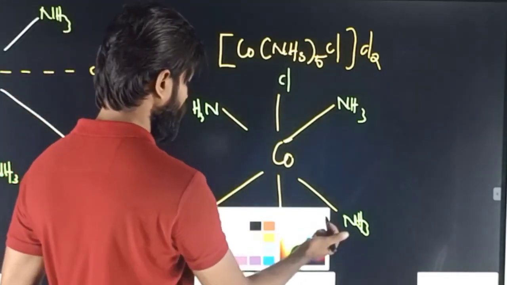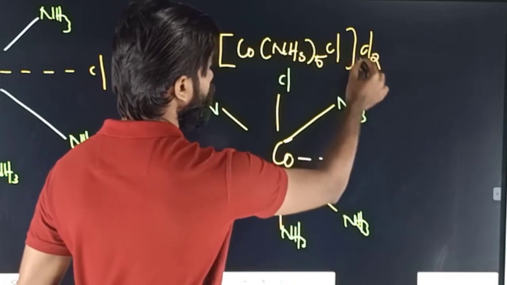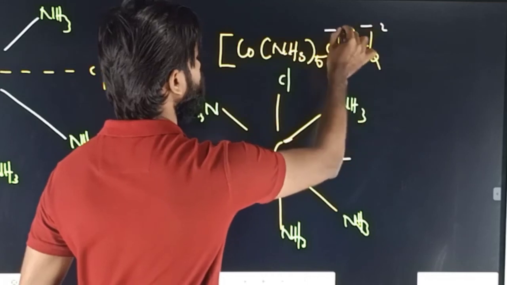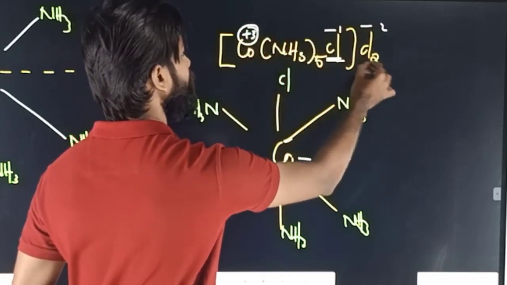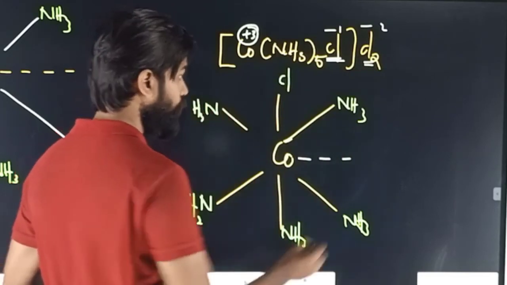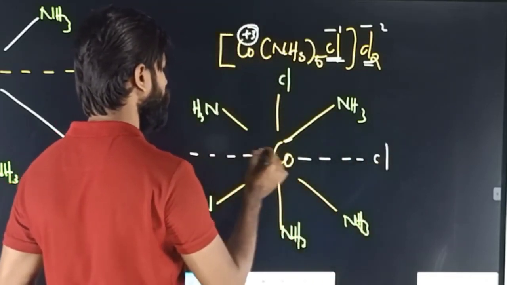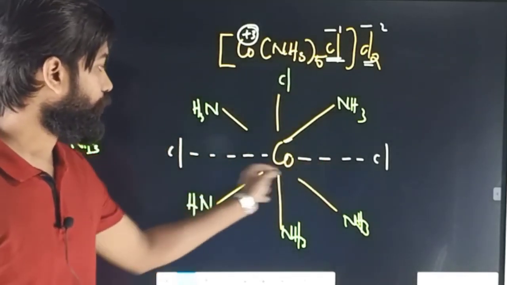Now draw the primary valency. Primary valency is satisfied by 2 counterion Cl minus: -2, -1, plus 3. So this +3 is satisfied by a ligand Cl minus and 2 counterion Cl minus. So the counterions, the primary valencies, are represented by dotted lines. So this is a dotted line.